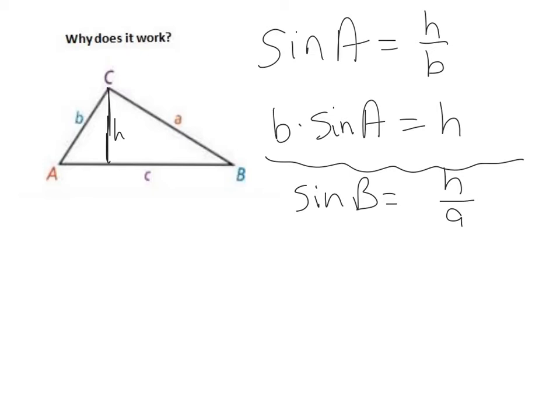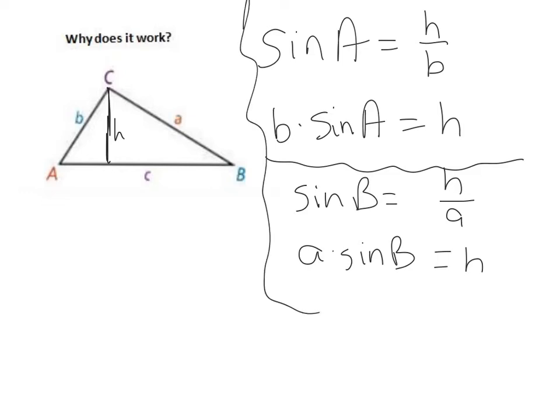And if I solve for h, multiplying by a on both sides, I get a times sine of angle B equals h. Okay, so I have these two relationships now. They both equal h. They're both referring to the same triangle.